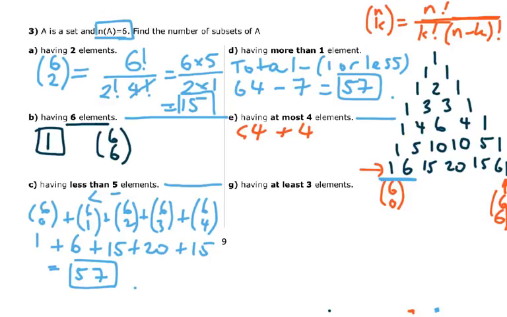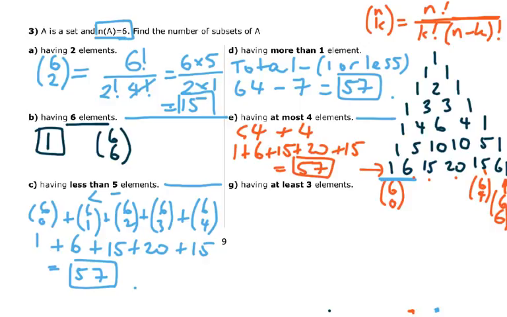In that case we could say 1 plus 6 plus 15 plus 20, so we've got 0, 1, 2, 3, and this is 6 choose 4 here, so plus the 15, which we will get, surprise, surprise, the same answer, 57. It keeps coming up because of the symmetry.